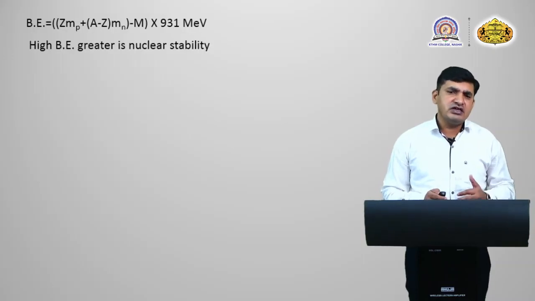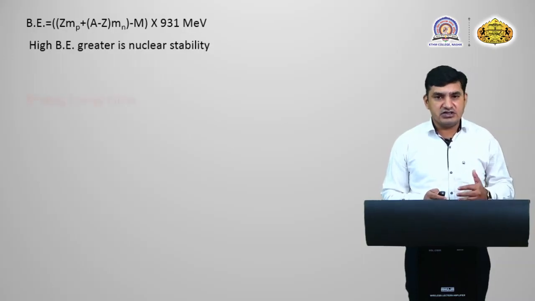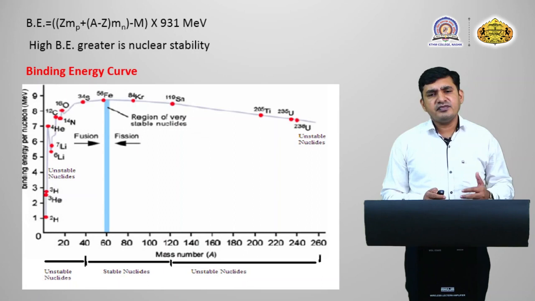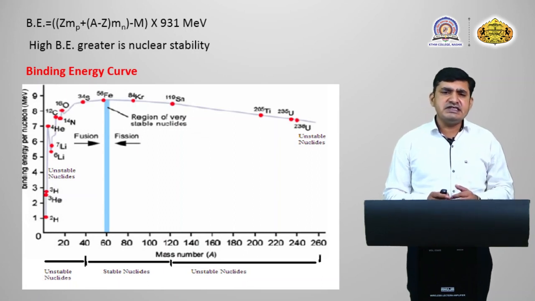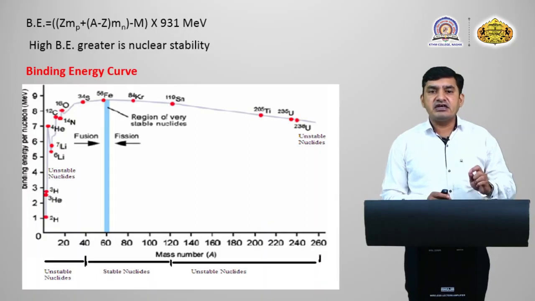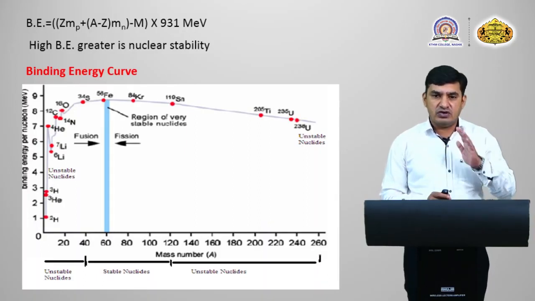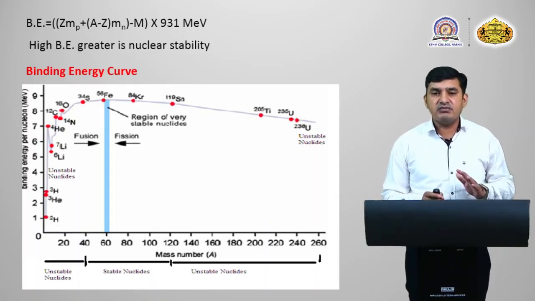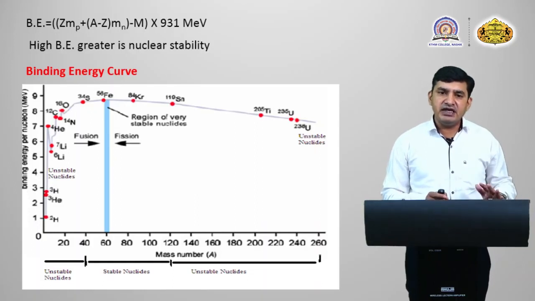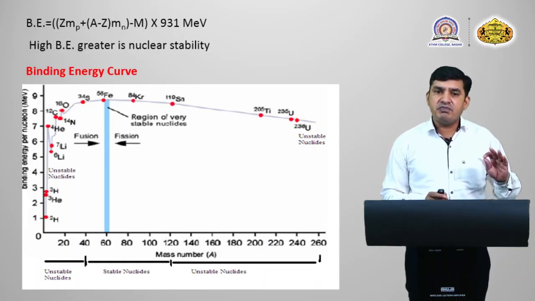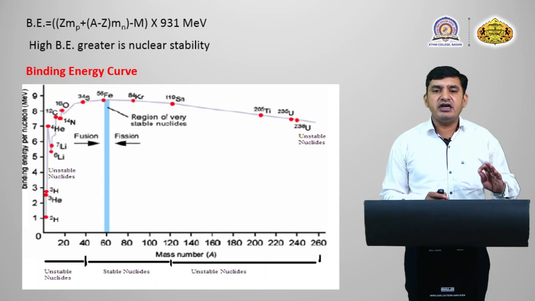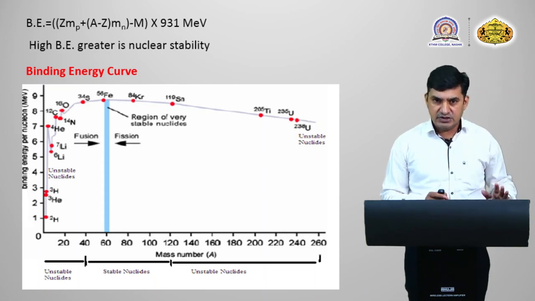Now, we have to see the binding energy curve. Here, the binding energy curve is a graph of binding energy per nucleon versus mass number. Binding energy per nucleon means binding energy divided by mass number.